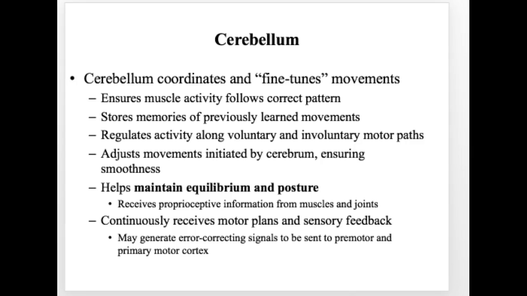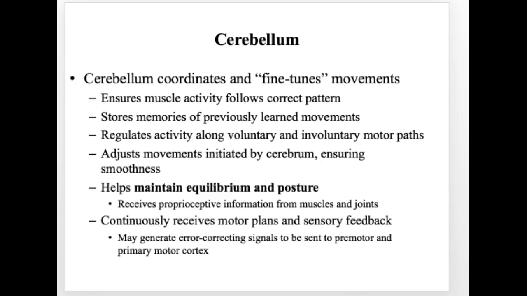Lastly is the cerebellum. The cerebellum coordinates and fine-tunes movements. It ensures that muscle activity follows a correct pattern and stores memories of previously learned movements. It adjusts movements initiated by the cerebrum, ensuring smoothness.